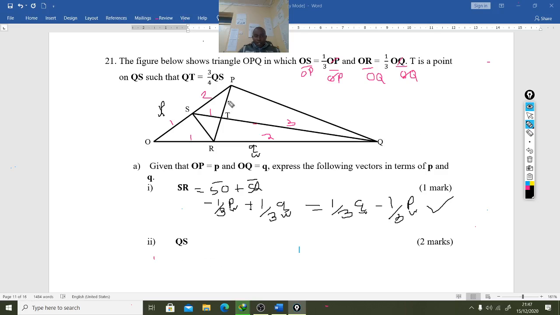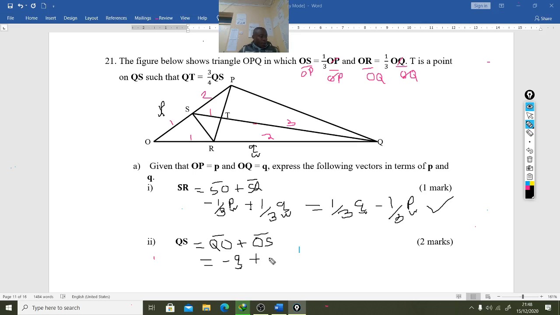Then QS, we want Q to S. We want to move from Q to S. From Q to S, you can come Q to O plus O to S. Remember to write the vectors. It's good to show their vectors. So it is equal to QO. Q to O, you are going in reverse, so it is negative q vector, plus OS.